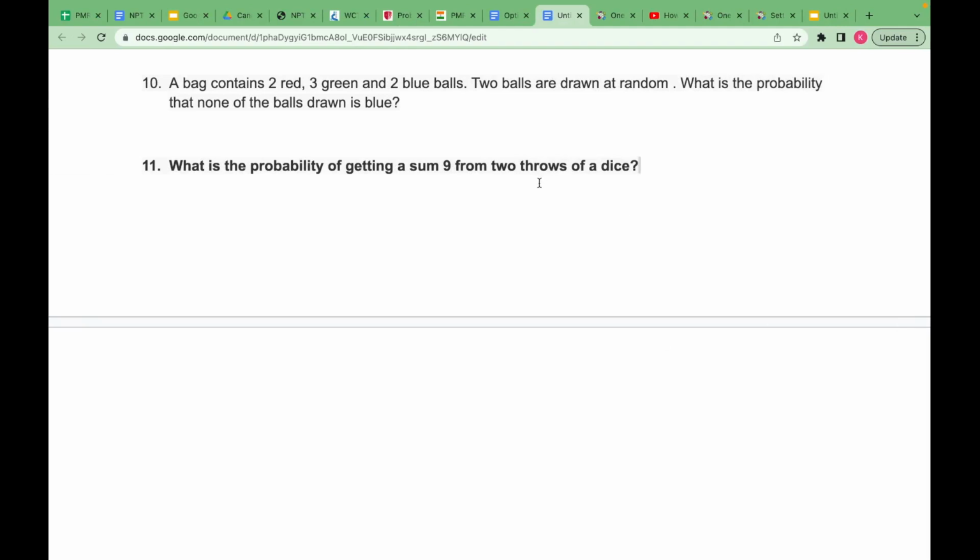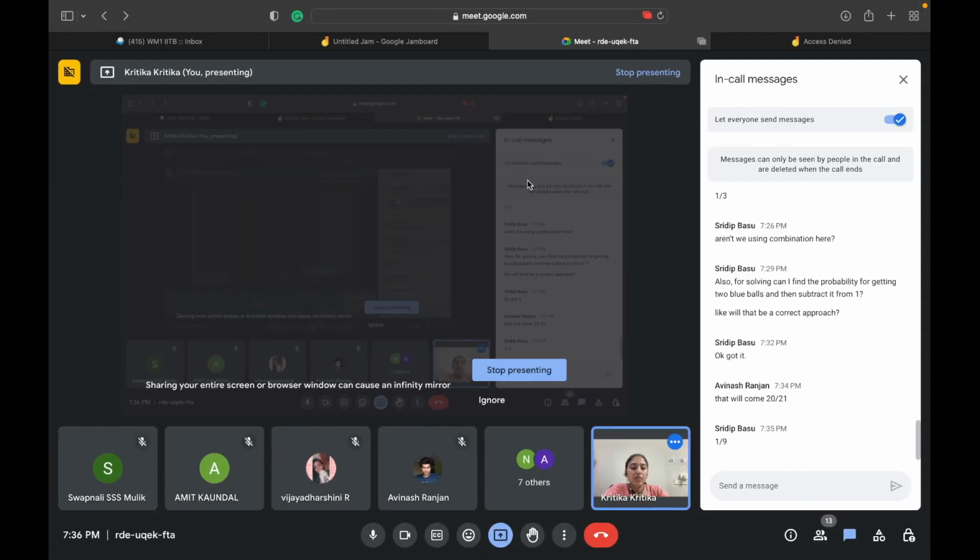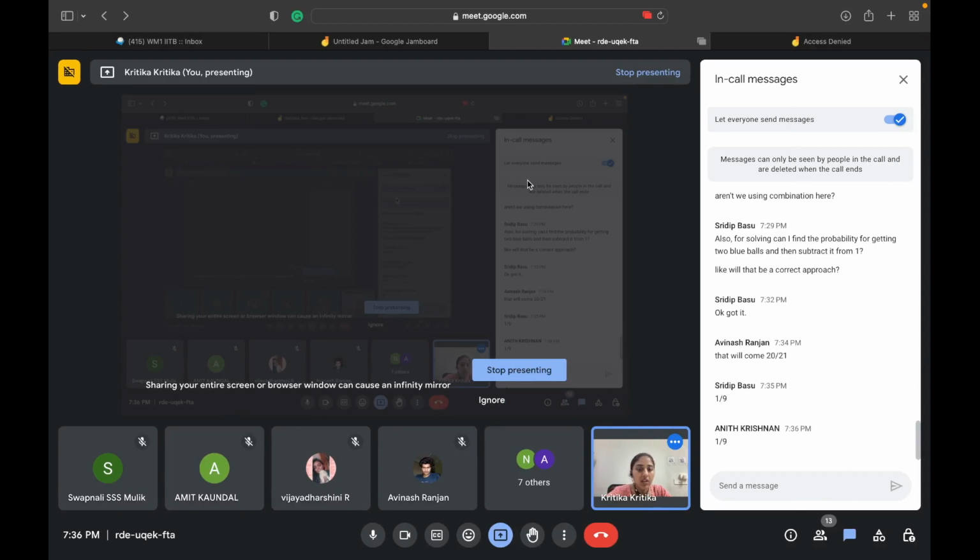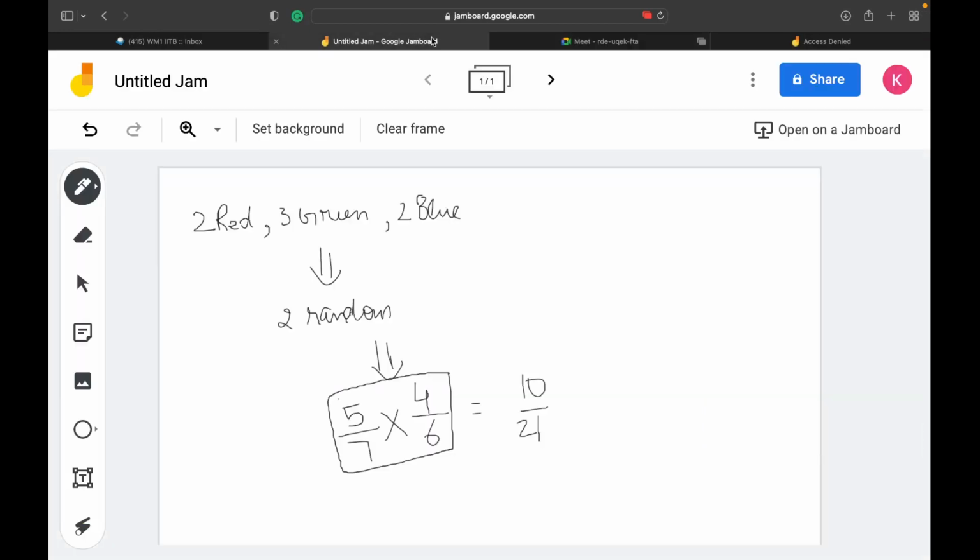So this is the question: what is the probability of getting a sum of 9 from two throws of a dice? Okay, so if we throw a dice twice, what is the probability that the sum of the numbers we get in both the instances will be 9?